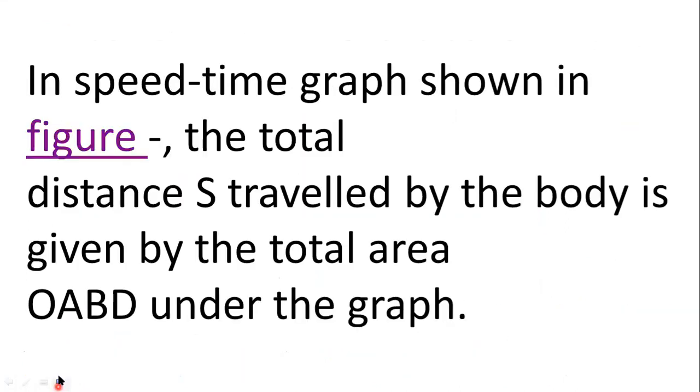Now for the third equation, the total distance traveled by the body is given by the total area OABD under that graph. Under that graph, we have seen there was a rectangle and a right-angle triangle. The sum of these two areas represents the total distance covered during the motion of the body.